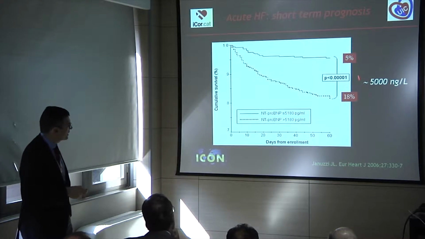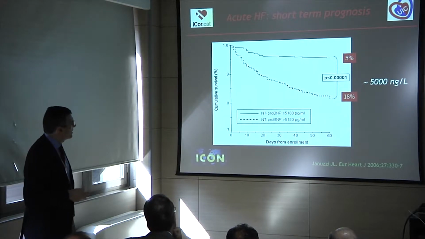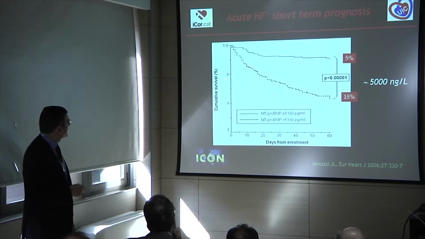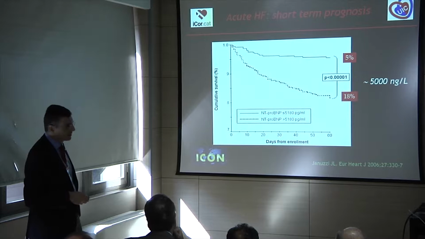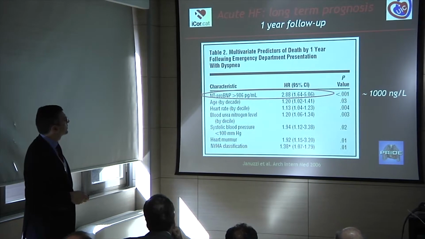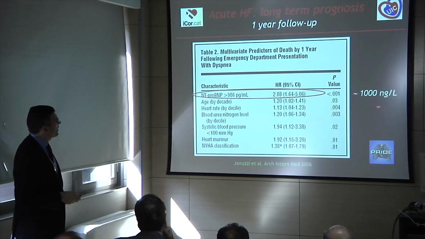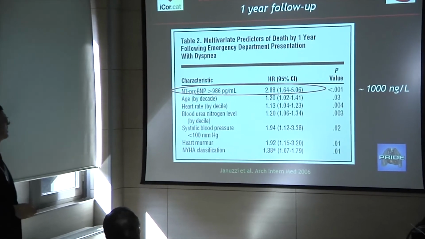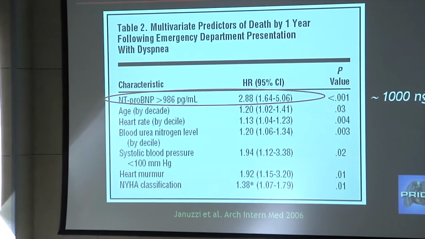A value of 5,000 nanograms per liter was useful to identify patients at very low risk, 5%, and patients at very high risk, 18%, of dying after 60 days of coming to the emergency department. So 5,000 for acute prognosis, around 1,000 nanograms per liter if you are measuring NT-proBNP for long-term prognosis.